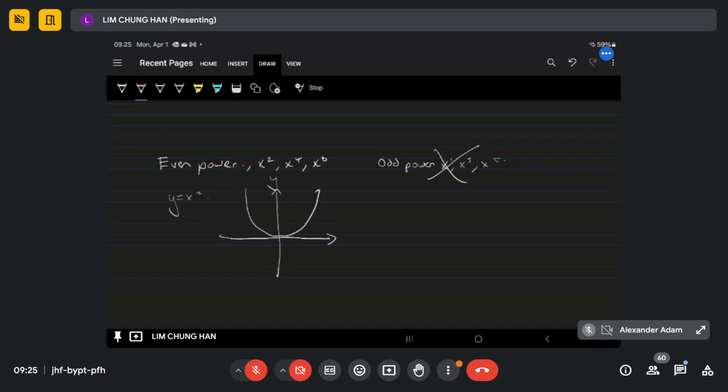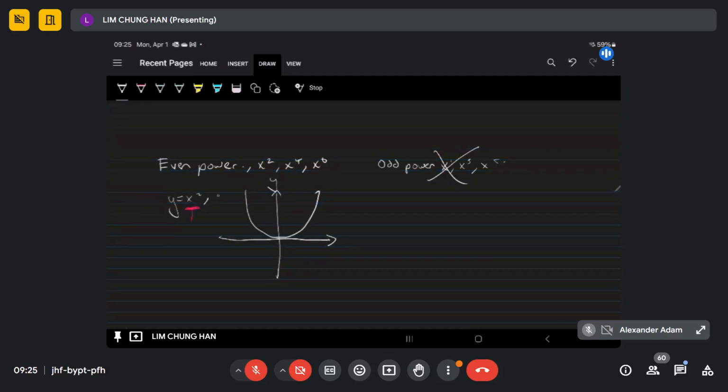Yes. So whenever you have x to the power 2, x to the power 4, x to the power 6, whatever, whenever you have even powered numbers, whatever happens on the left hand side happens on the right hand side.